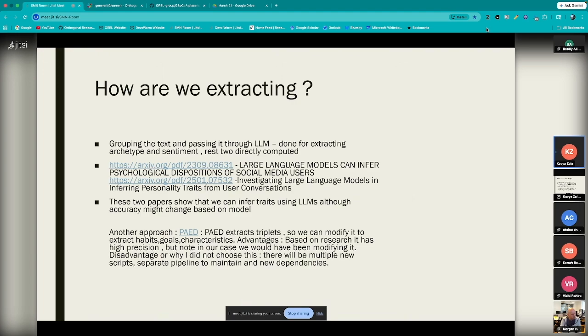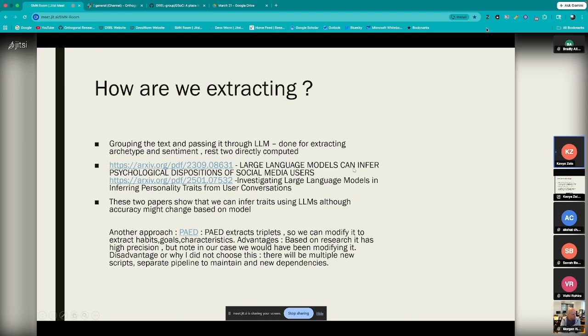Another approach which I thought could be used is the PAIR one, which is a zero shot extraction framework. Basically, the original PAIR extracts triplets, so the subject, the object, and the conversation part, but we would have to modify it to extract the habits, goals, and characteristics.